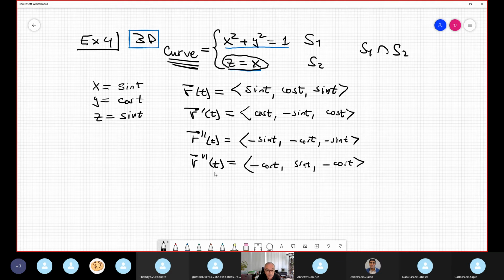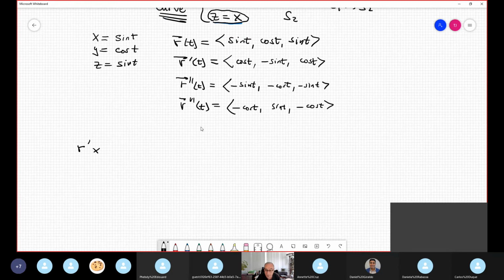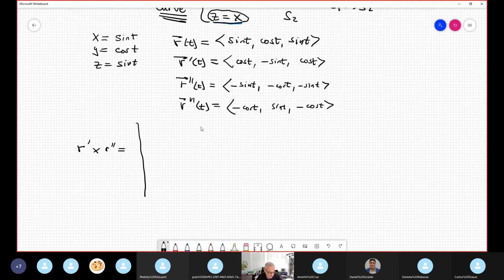The cross product between R prime and R double prime, so velocity and acceleration. i, j, k; cosine t, minus sine t, cosine t; minus sine t, minus cosine t, minus sine t.